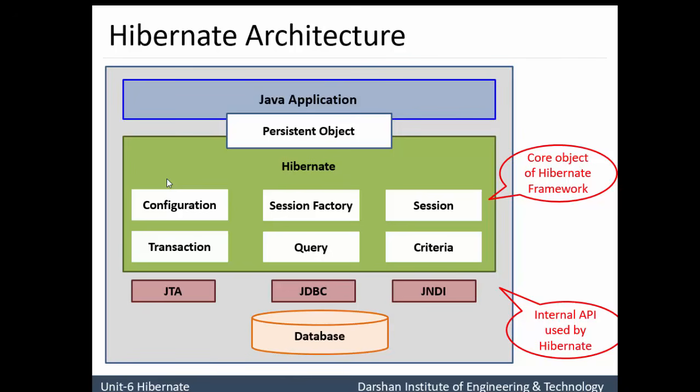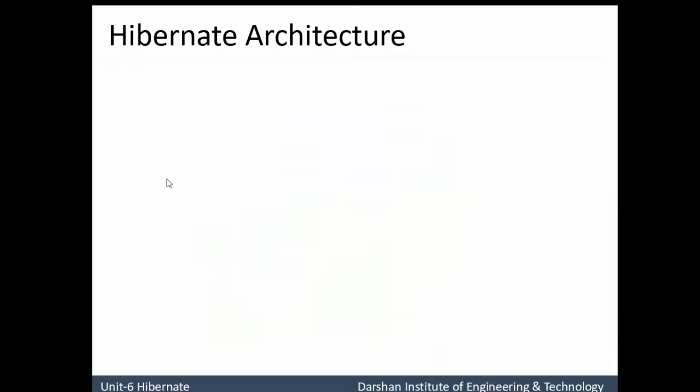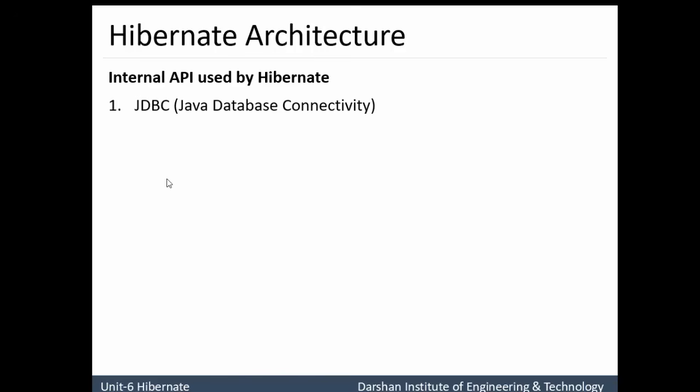So now explaining Hibernate architecture step by step in detail. First, the internal API used by Hibernate. First is JDBC, Java Database Connectivity, which contains JDBC libraries, which aid Hibernate to communicate our Java application with the database.